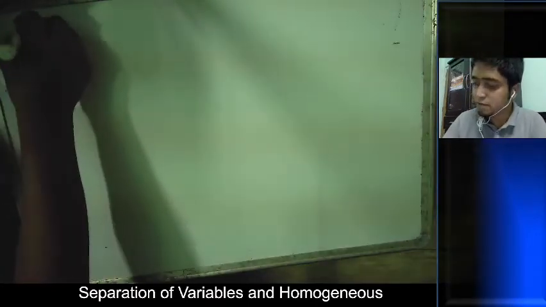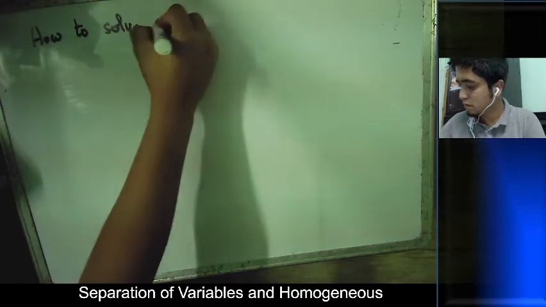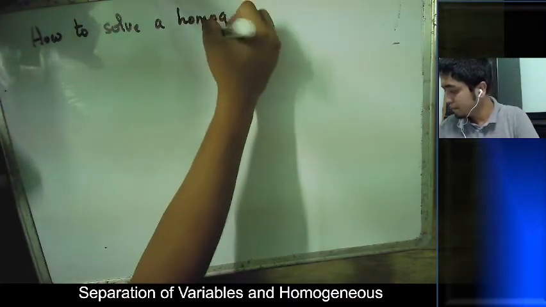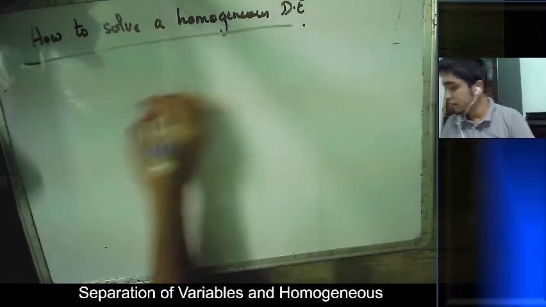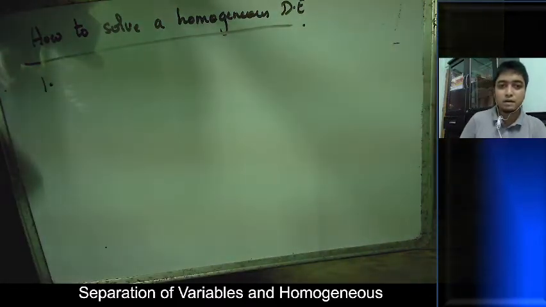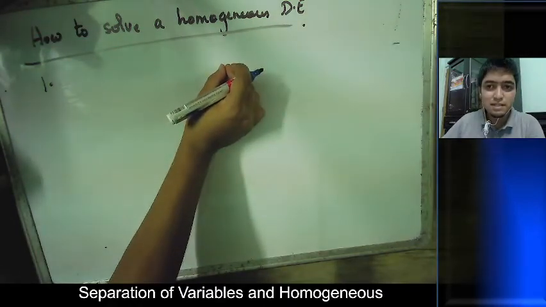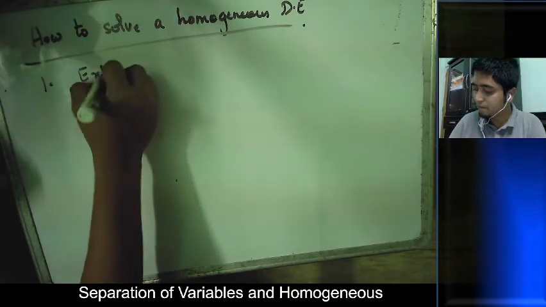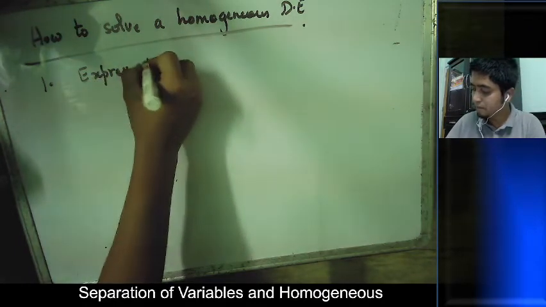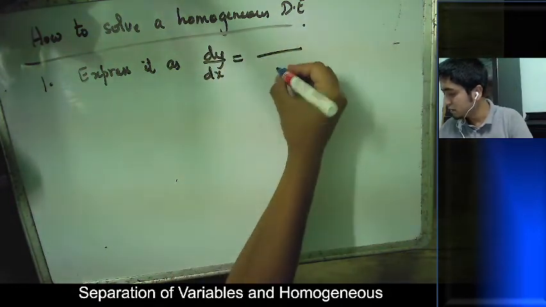But how to solve a homogeneous equation? Number 1. If it is a homogeneous equation, this is what we will usually do. Express it in this way: dy/dx is equal to something.